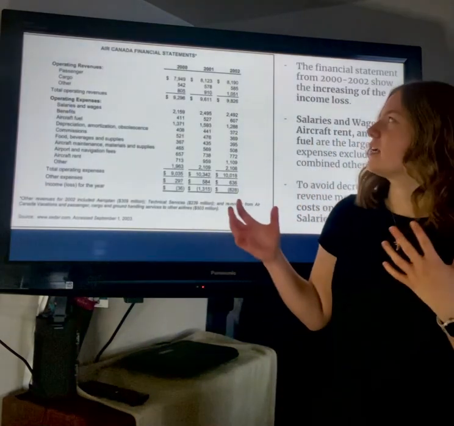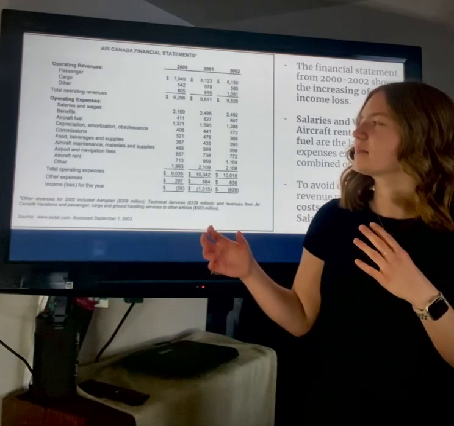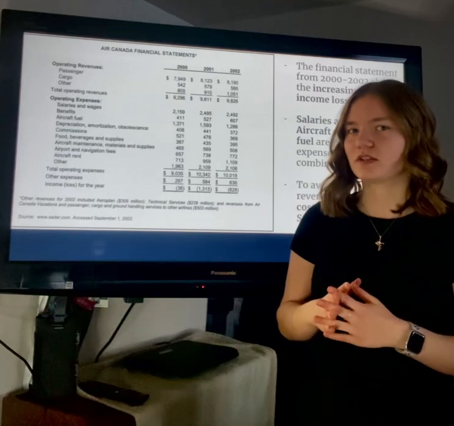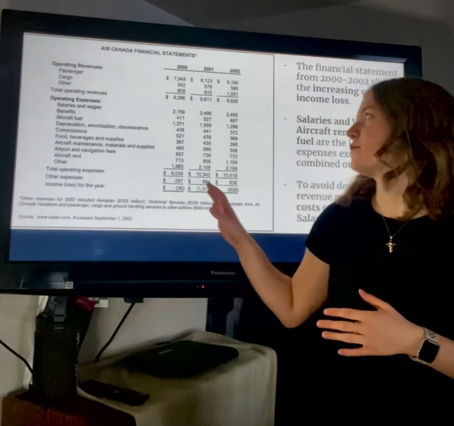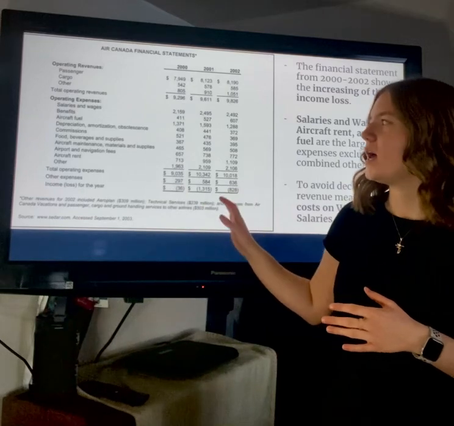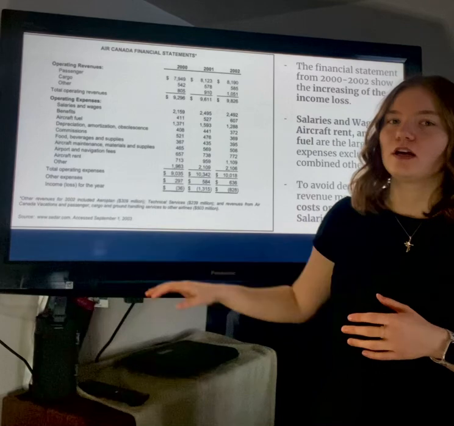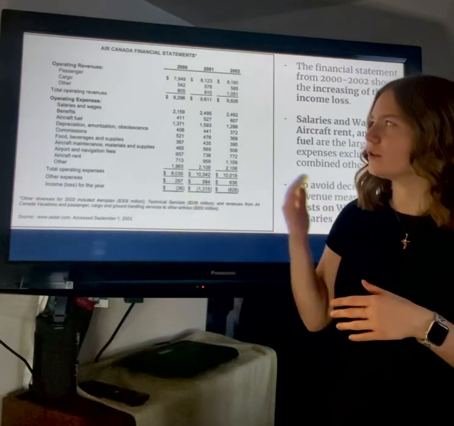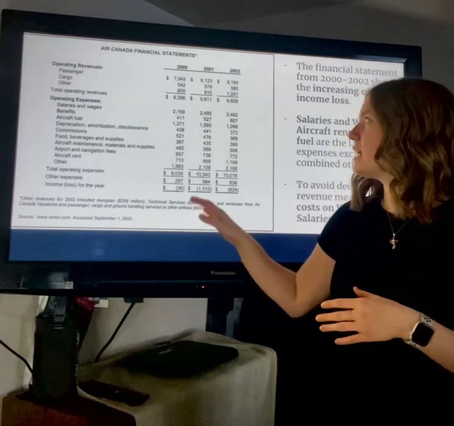We're looking at the initial view where Air Canada could see that there were some issues underlying, specifically in their financial statement. This statement is from 2000 to 2002, and what we're looking at mostly is their income loss for the year. In 2000, expenses were still overriding the revenues, but only by 36.